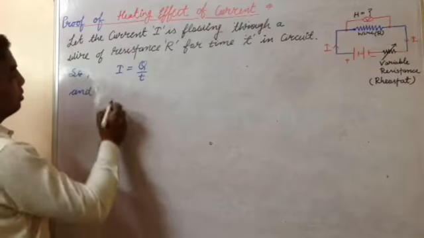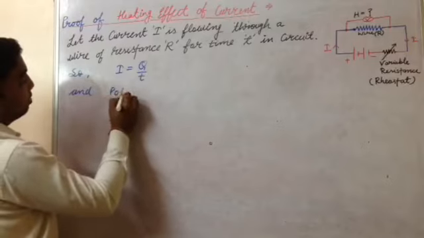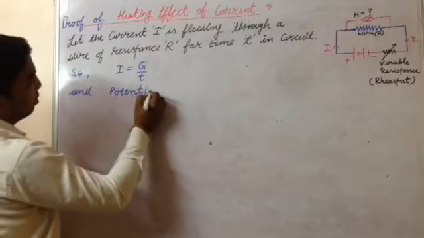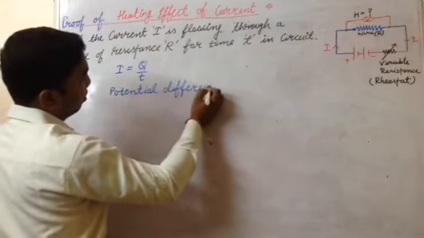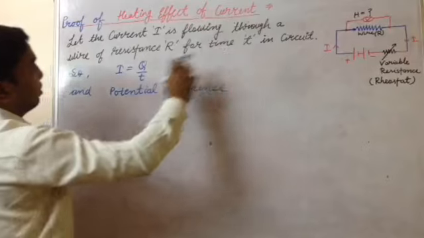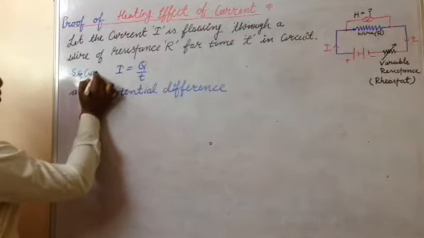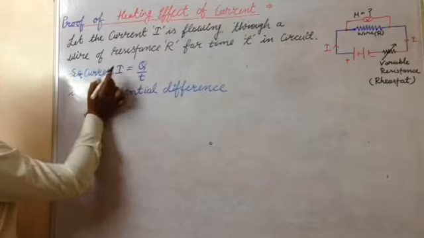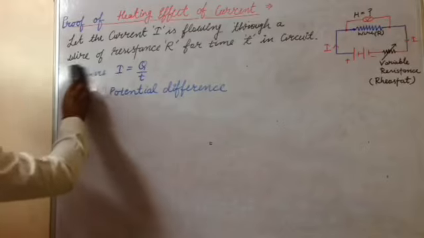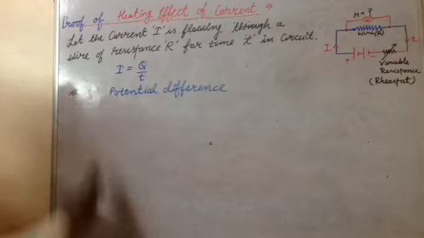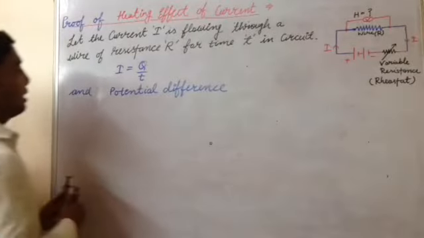And potential difference. So here you can write, current I flowing for time t in the circuit.